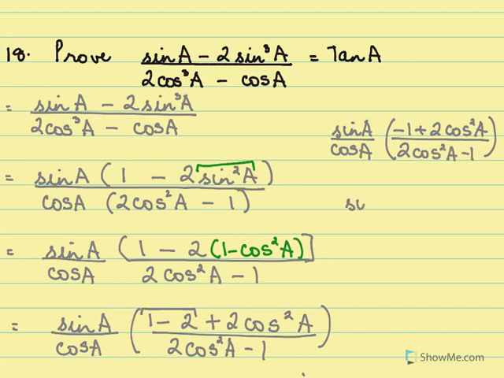I can cancel this, but let me rearrange this to make it simpler. Sine A over cos A. Look at the numerator. I can write it as 2 cos square A minus 1. I have just rearranged it, and this is 2 cos square A minus 1. So I need to cut this out.